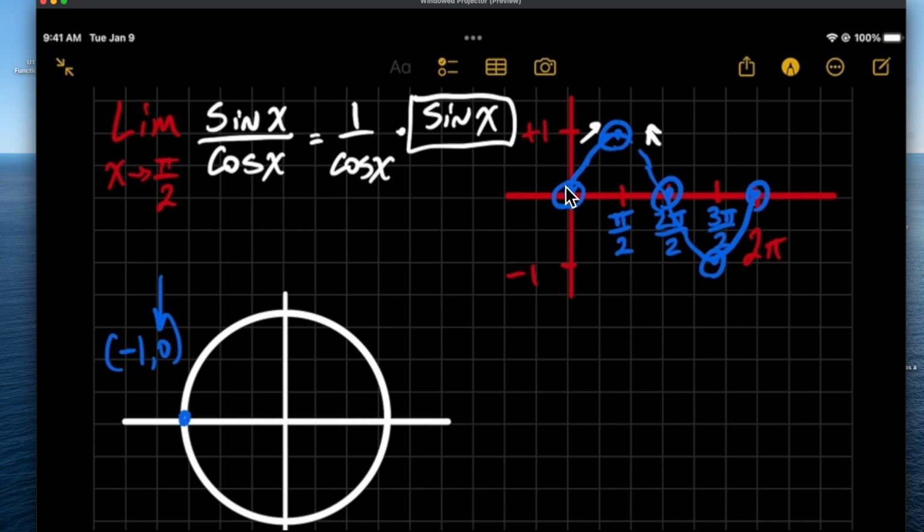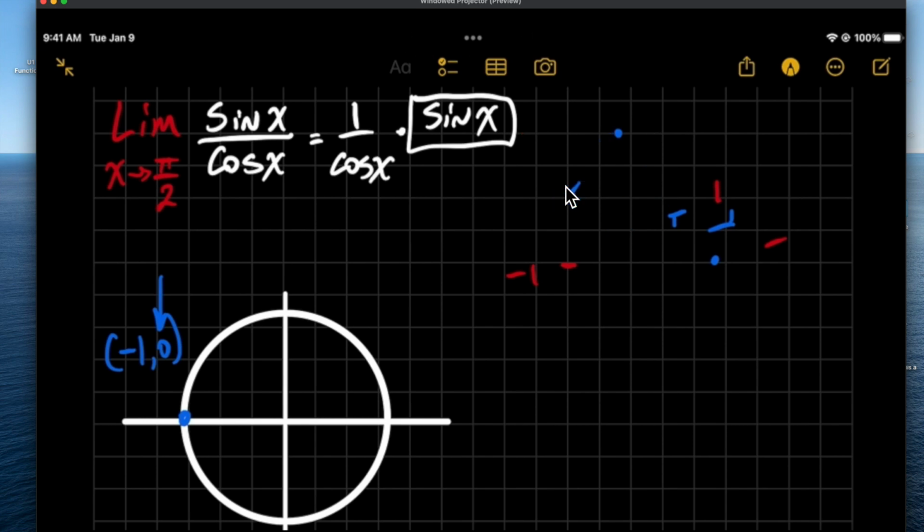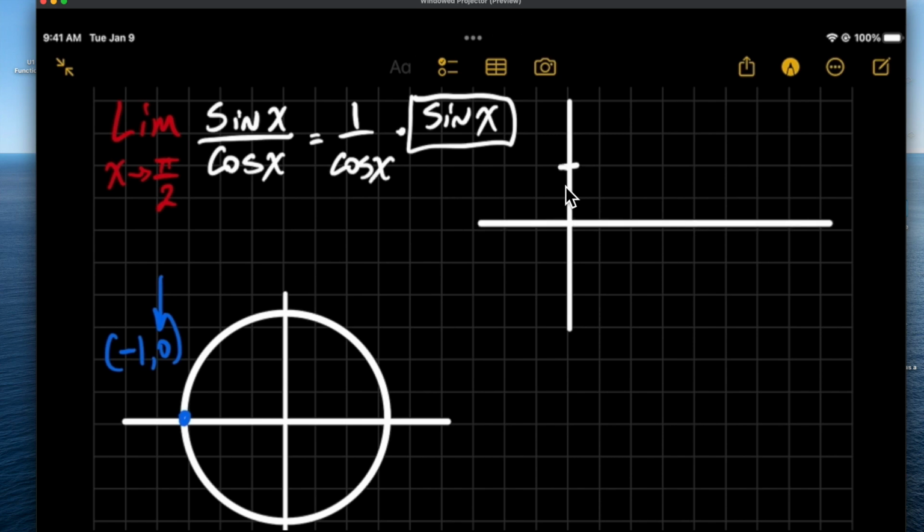Now let's look at the cosine of x and see where that takes us. 1 over the cosine of x, very important. The cosine of x is a similar graph, but it's a little bit different in that while it has a maximum of +1 and -1, and it has a period of 2 pi, if you look at the cosine of 0 degrees, that's going to correspond to the x coordinate.